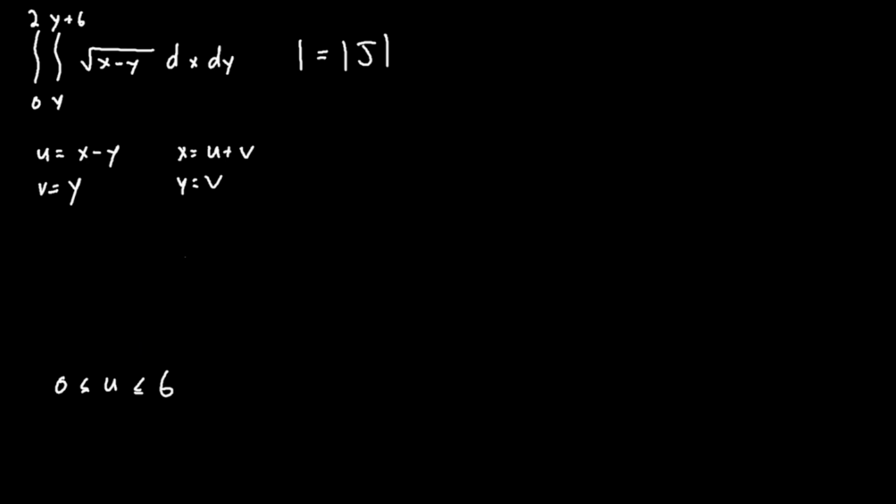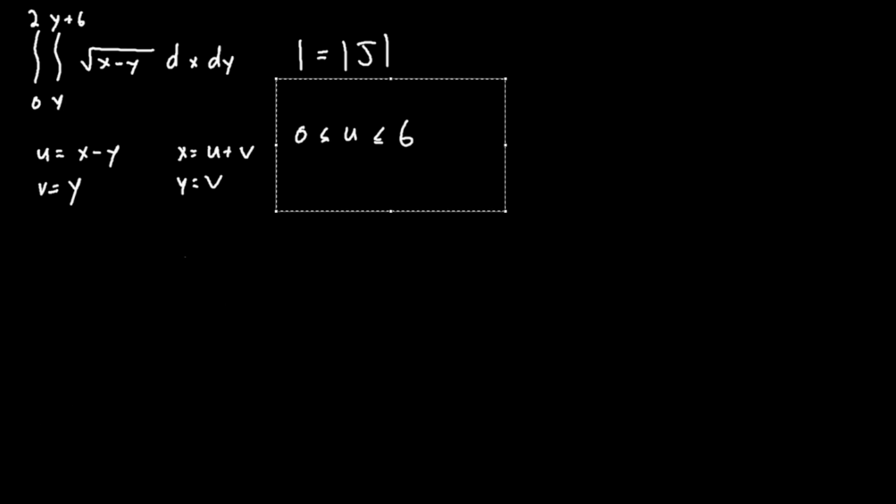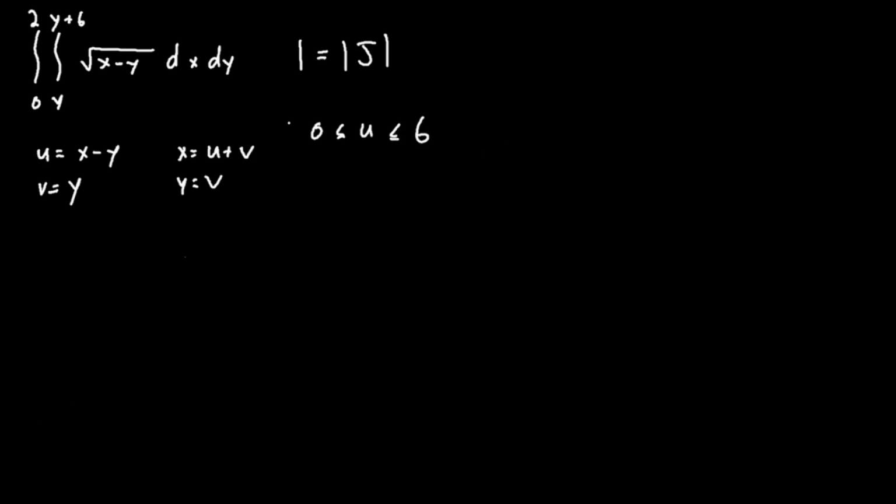And our bounds for v are even easier because v is just equal to y. So our current bounds for y are 0 and 2, given by our order of integration and the bounds on the second integral. And we could just substitute y directly with v. So our v bounds are still 0 and 2.